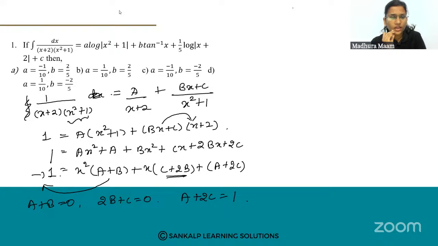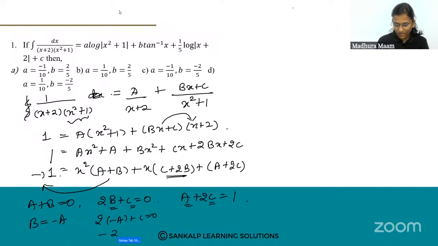Whichever variable you want, you can convert. Here b and c are there, and here a and c are there. You can convert b also. From this, I'll get b as minus a. So here 2 into b, b becomes minus a, so this is minus 2a plus c equals 0. Here you can see this is also a and c, this is also a and c. Solve these.